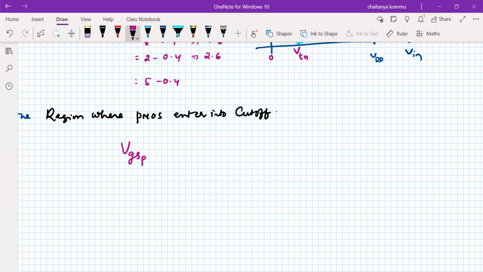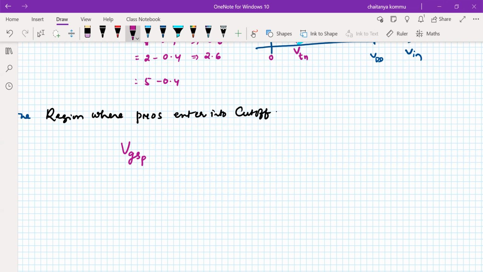For an NMOS transistor, if VGS is less than VTH, it will be off. Whereas in case of a PMOS transistor, it should be greater than the threshold voltage, right?